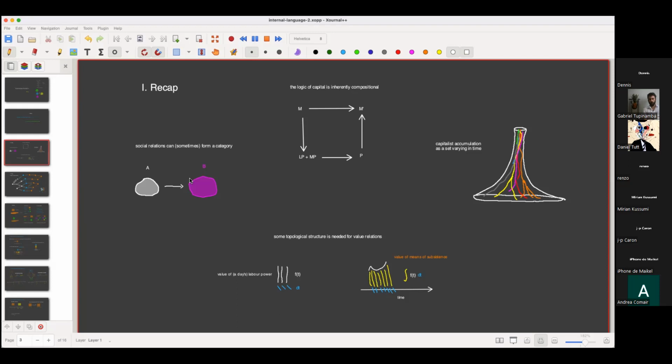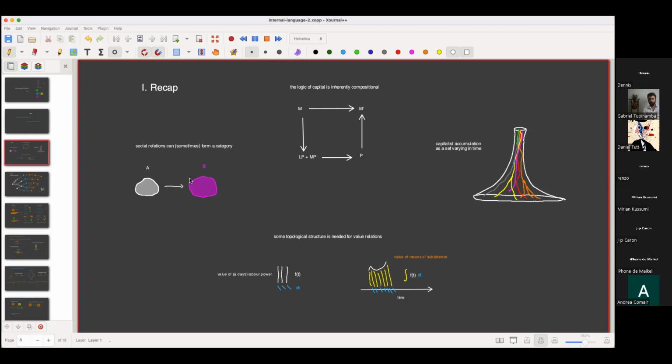So these are constraints. They're not part of culture necessarily, although cultural constraints can also be formalized in this framework. But thinking of these social relations in terms of constraints, that's what I want to talk about today.